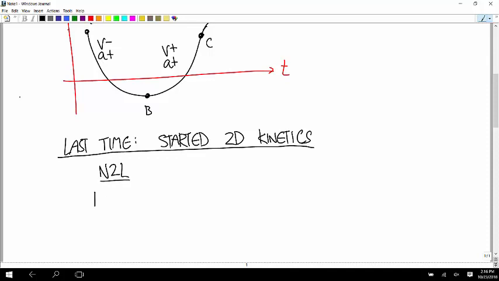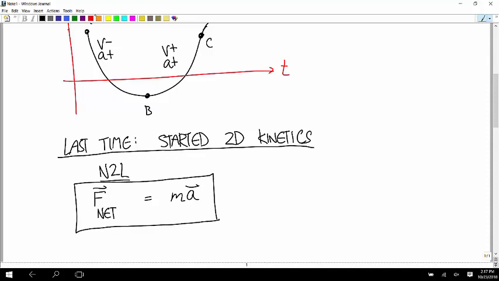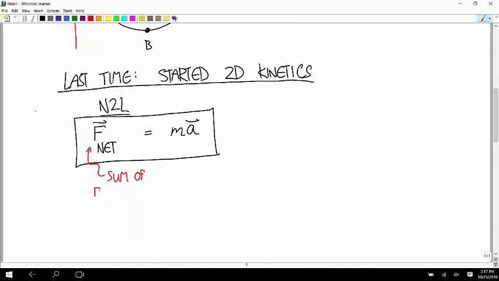And Newton's second law says if you add up all the forces acting on your chosen object, that's equal to the mass of the chosen object times the acceleration vector of the chosen object. Okay, so F net is the sum of the force vectors acting on the chosen object.